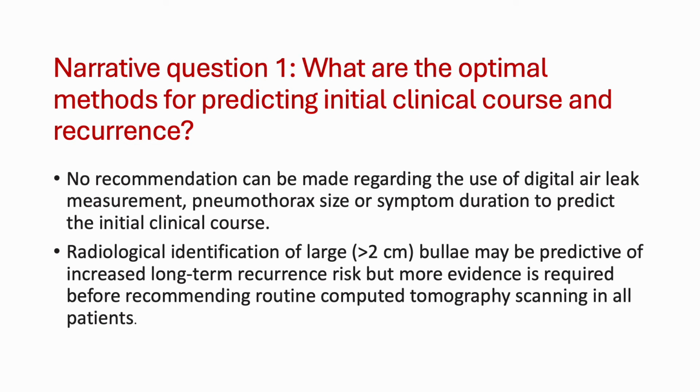They could not make any particular recommendation about the optimal method, whether you should use digital air leak measurements, or pneumothorax size or symptom duration, to say that this patient will perform better and this patient might have a recurrence. So they said none of these can be used as a marker.